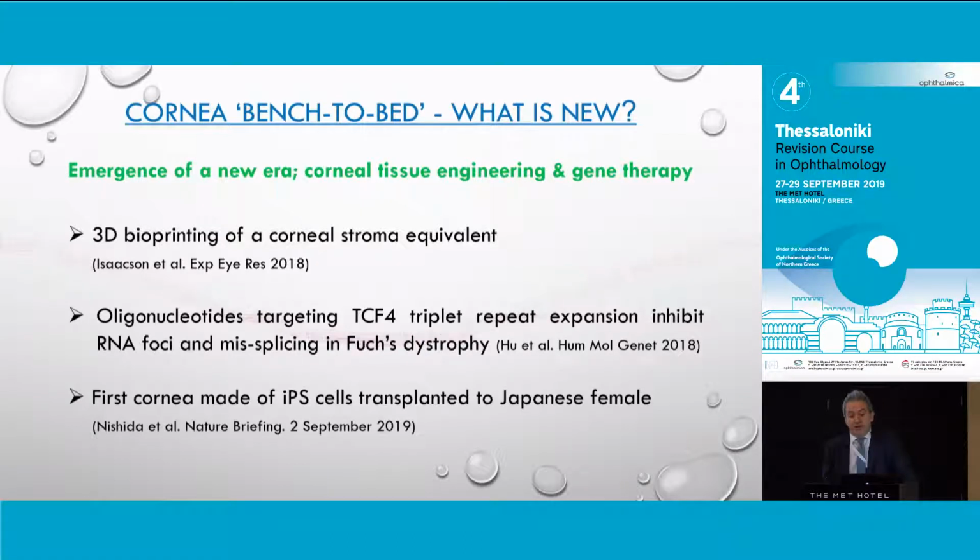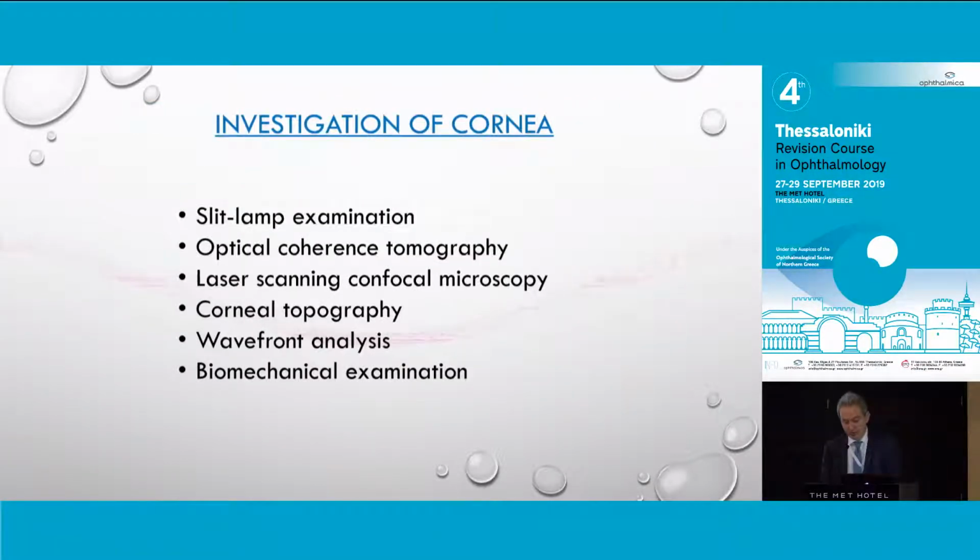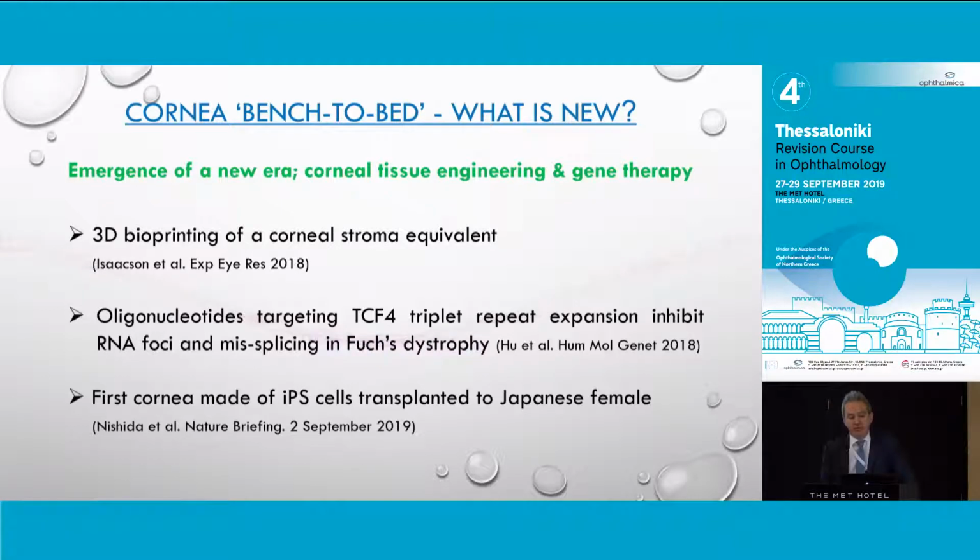The last major breakthrough last year was the first artificial cornea made by Nishida and his group in Japan and transplanted to a Japanese woman. This artificial cornea was all made of induced pluripotent stem cells.